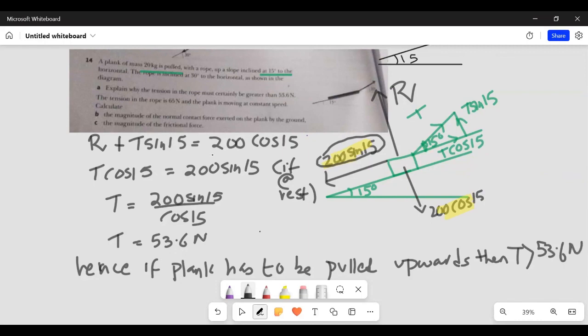Understood? हमने रेस्ट पे टेंशन निकाल के देखी. That comes out to be 53.6. So if the object has to be pulled upwards, तो फिर इस टेंशन की वैल्यू को बड़ा होना चाहिए, so that it's able to pull the object upwards.